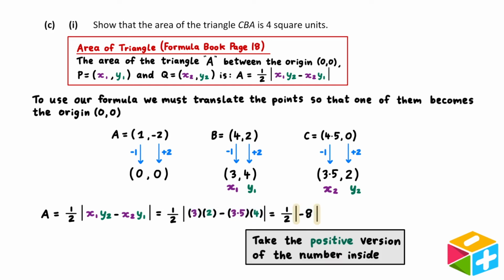The vertical bars denote an absolute value. This means that we must take the positive version of whatever's inside. So the absolute value of -8 is +8.